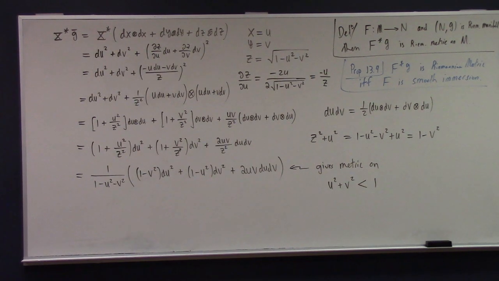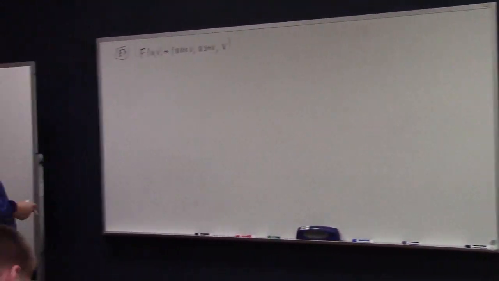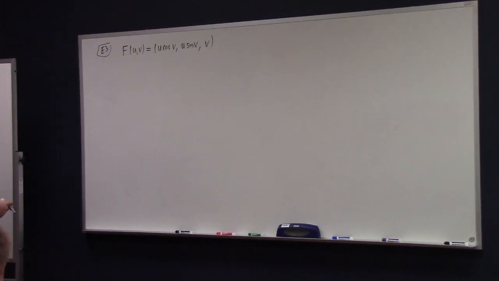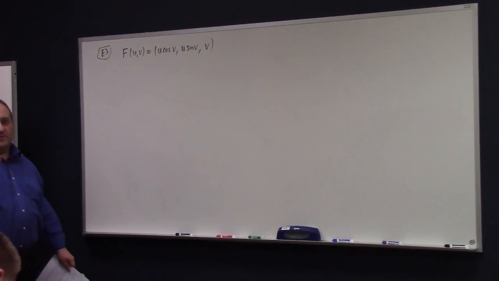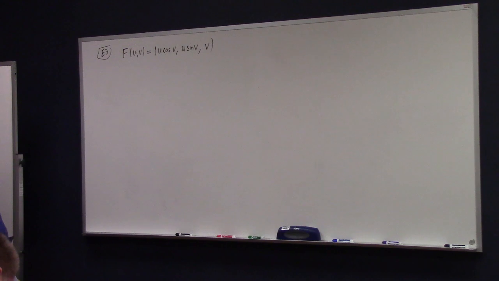And so this is the parameterization of the helicoid. And so what's a helicoid? Well, it's kind of like a helix. If you fix u, it's basically the radius of a helix with slope 1.